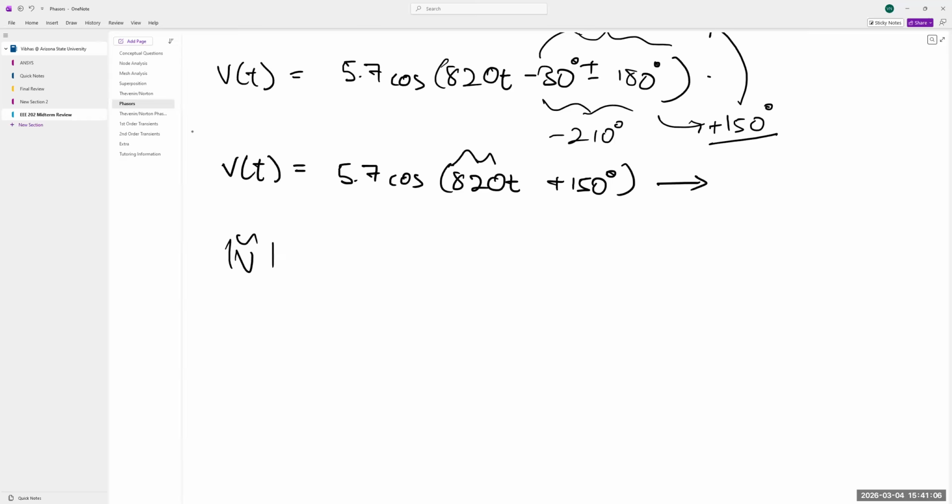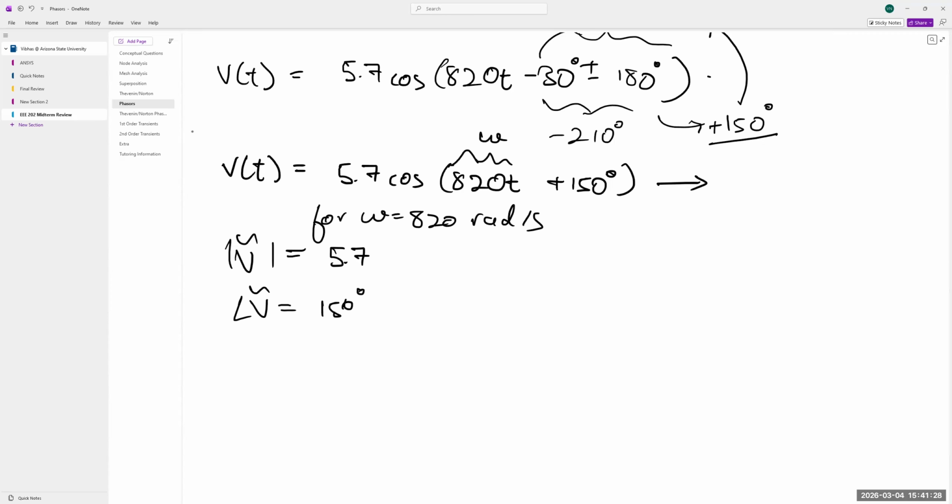It gets rid of the frequency dependent information. So we assume that omega is equal to 820 radians per second. The phasor of V is 5.7 magnitude, and the angle of V is 150 degrees.